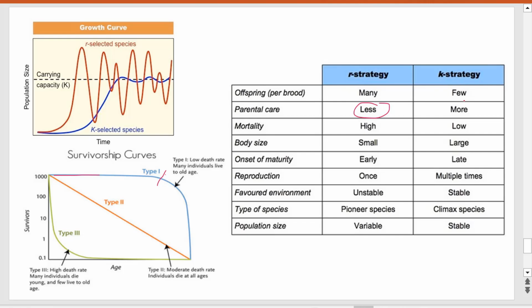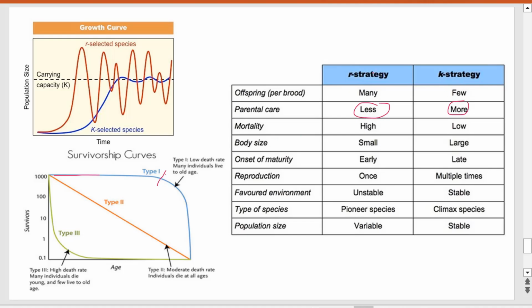But on the contrary, in K strategy species, the offspring is less, so the parents can give more attention, therefore the parental care is more. Mortality, as you can see in the survivorship curves, is high in the R strategist species. Mortality means death rate. So it is high, whereas K strategists have low.